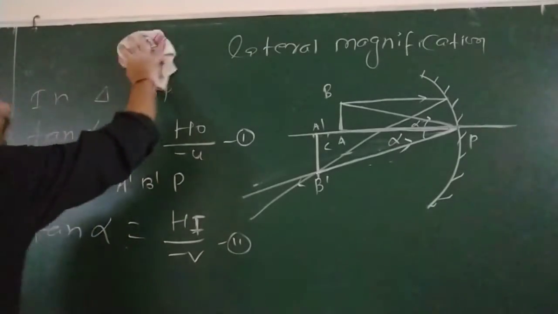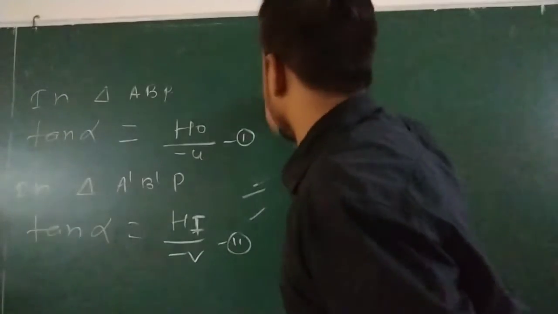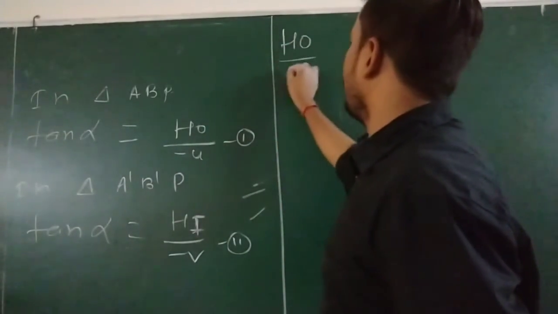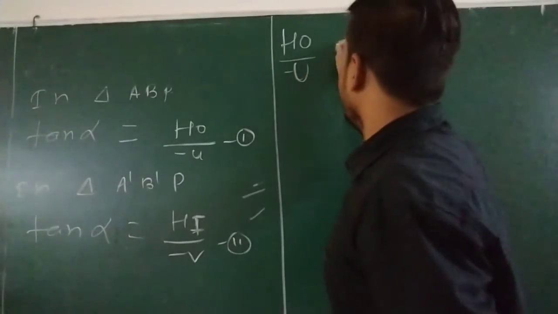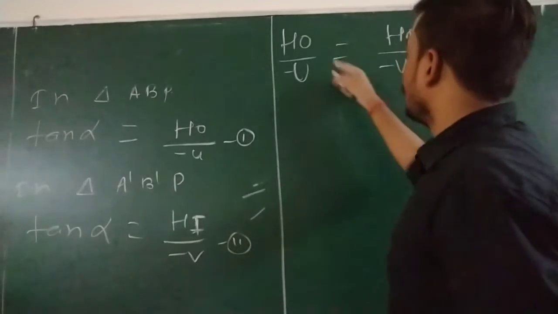So height of object by minus u is equal to height of image by minus v.